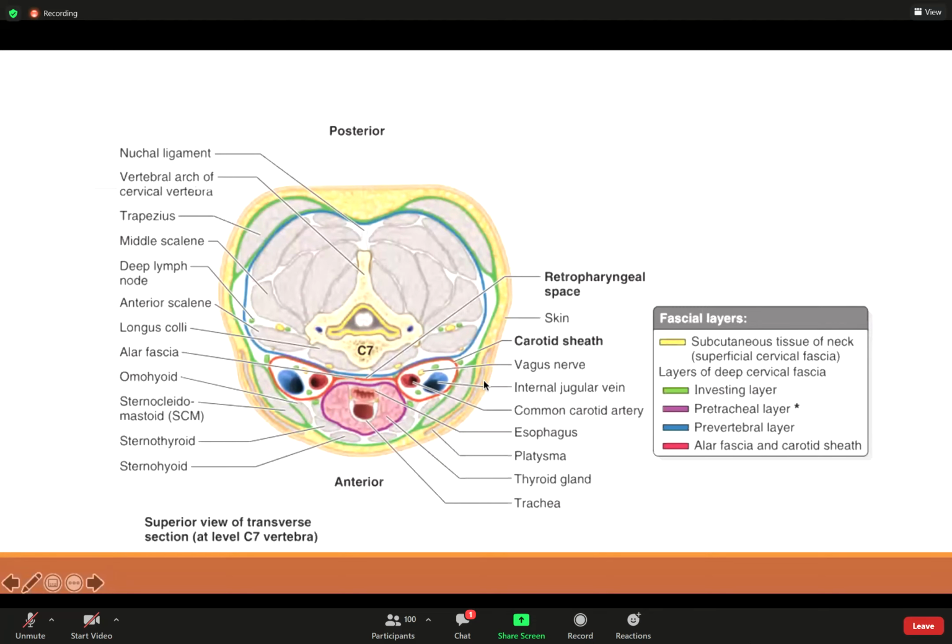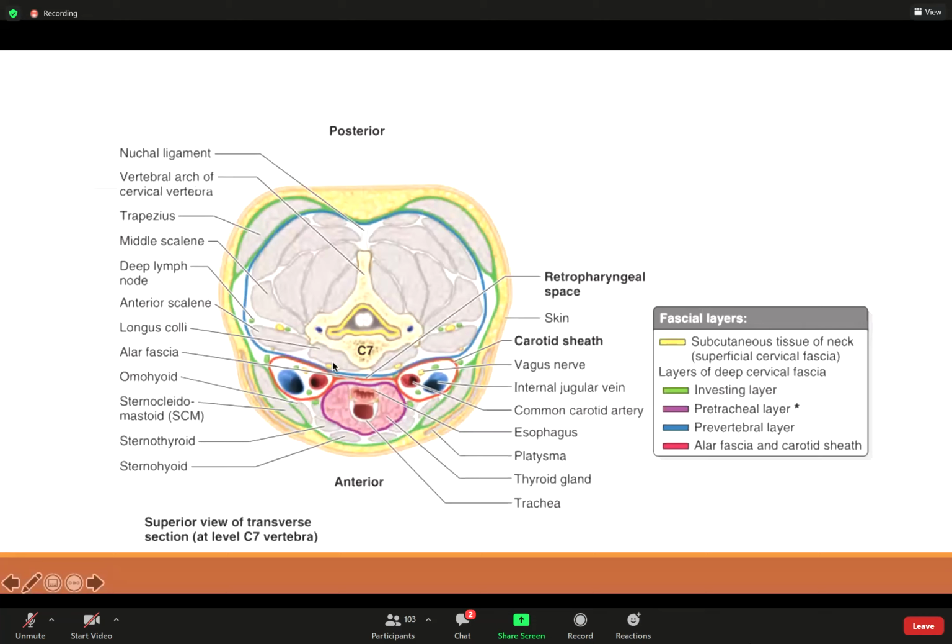After that, we have 3 other layers, and they are named according to the area. One closer to the trachea region we call the pretracheal layer. So this one is around the pretracheal region. And then there's another one we call the prevertebral layer. This is around the vertebra.